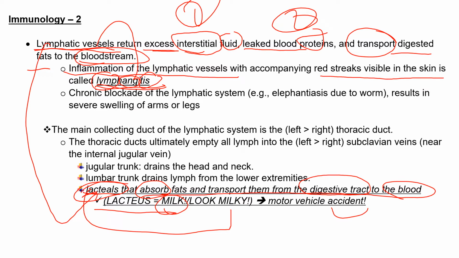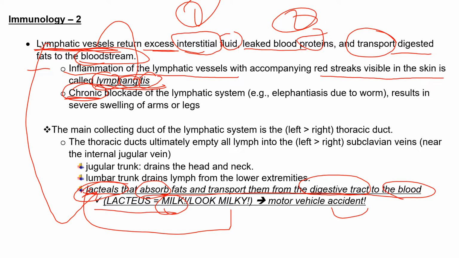Now, what would happen if I were to block off a lymphatic vessel for a long time? Chronos is a Greek word for time. Chronic means for a long time.